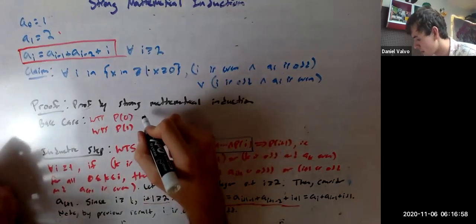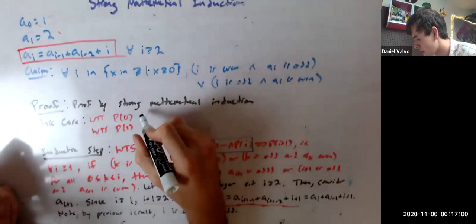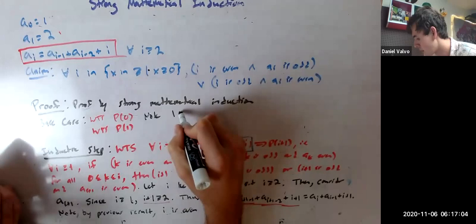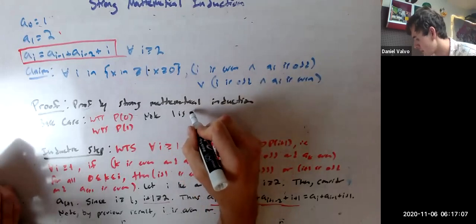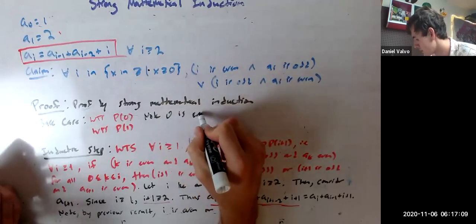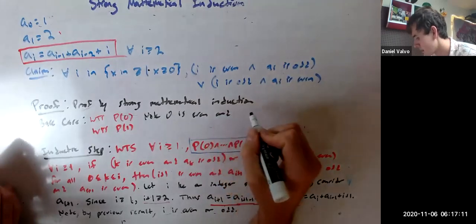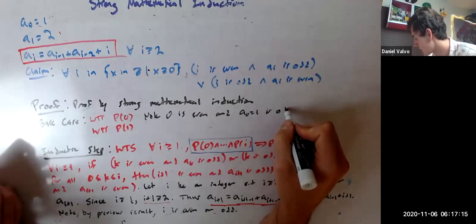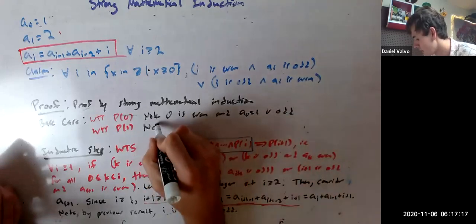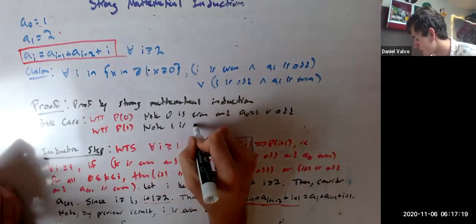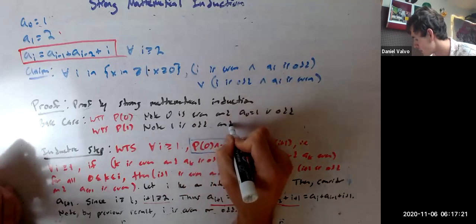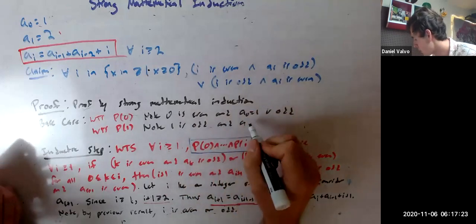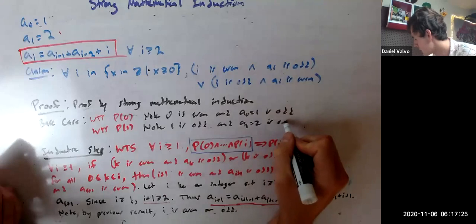So we want to show P of 0, and we can do that just by saying note 0 is even, and A0 equals 1 is odd. And here we can note 1 is odd, and A1 equals 2 is even.